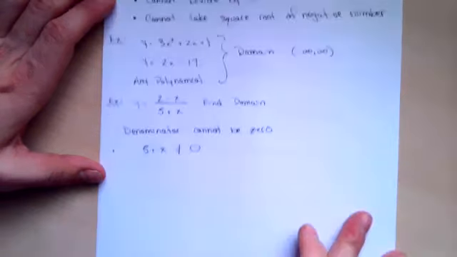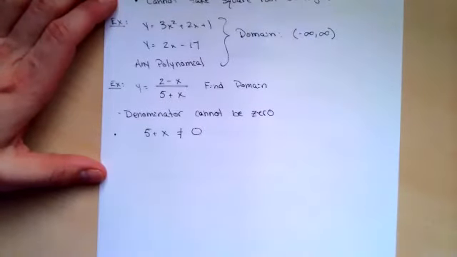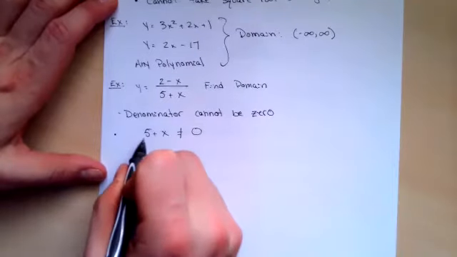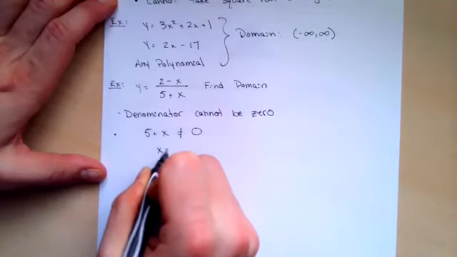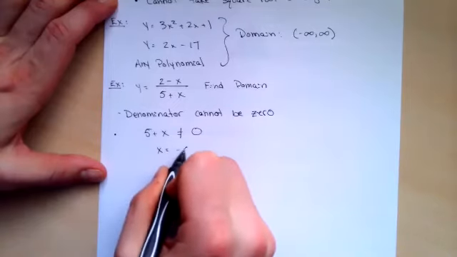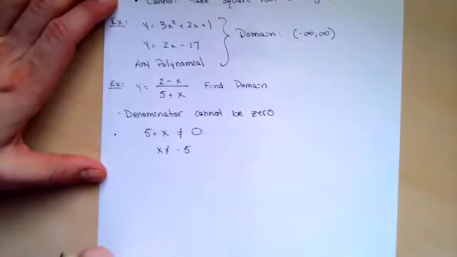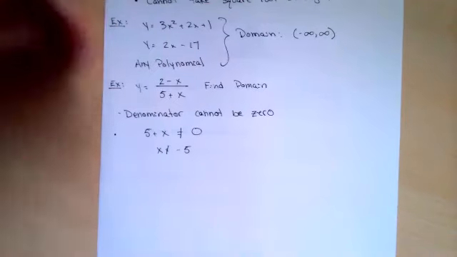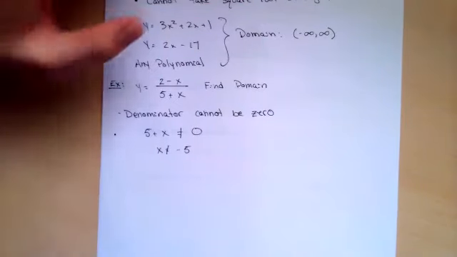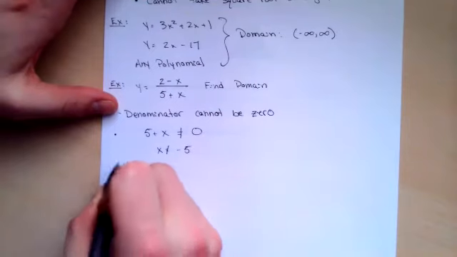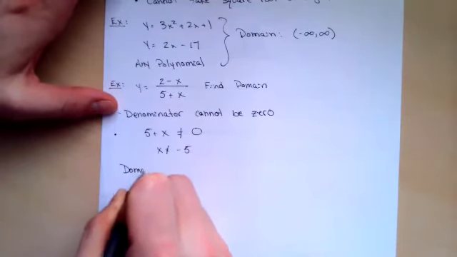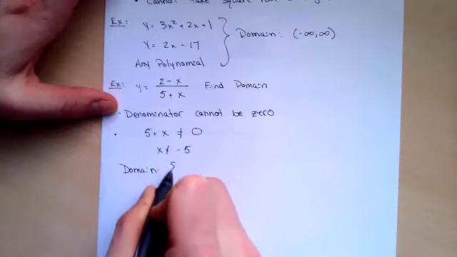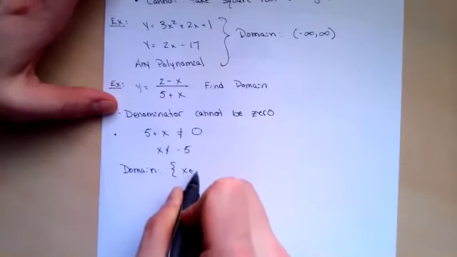You can treat these not-equal-to signs exactly like equal-to signs. So if 5 plus x cannot be 0, when we subtract that 5, that tells us that x cannot be equal to negative 5. And this is the not-equation that defines our domain. If we wanted to write it in set notation, it's fairly easy from here.